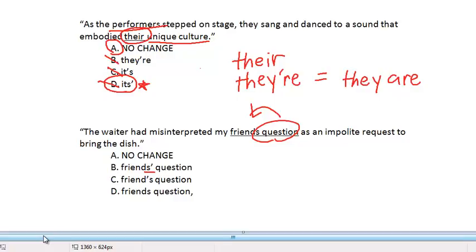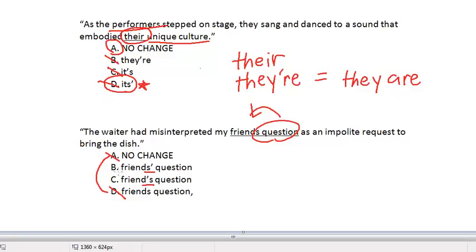And then option C, we have an apostrophe S, which tells me that this is also a possessive. And option D, we have nothing, which is the same problem with option A, meaning it's just a plural subject, it's not a possessive. So we can eliminate right away options A and D. So that leaves us with just two options, option B and option C.